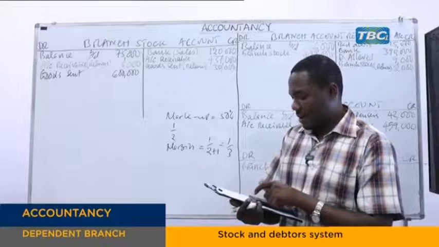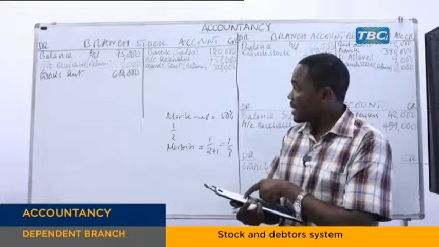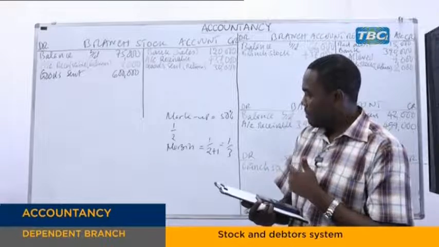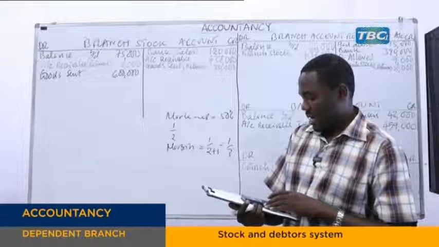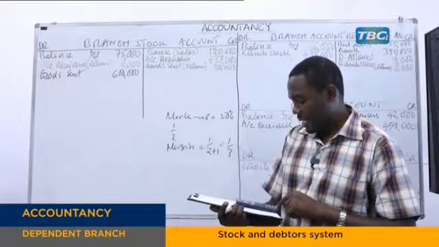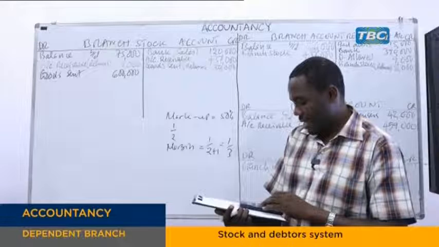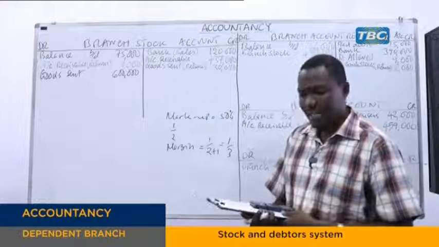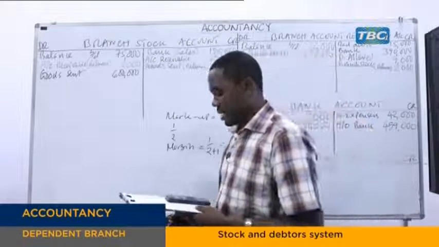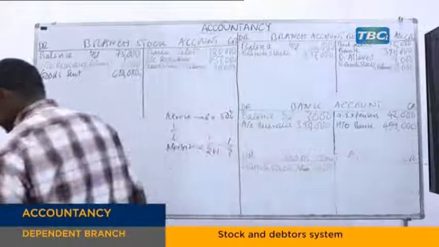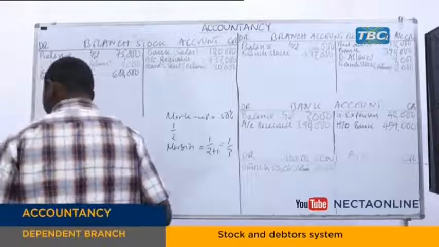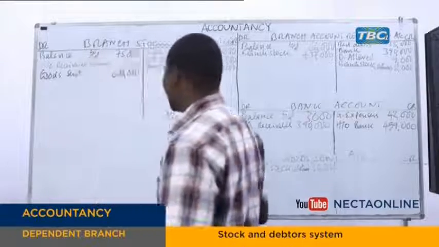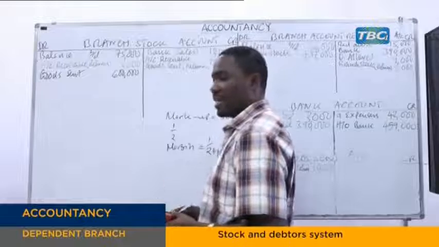If goods sent to the branch were 600 and this is at selling price, we need to use the margin to compute our profit loading. So 600,000 times 1 over 3, we get 200,000. That was the profit loading. It should be adjusted. We adjust it and record it to the branch adjustment account.